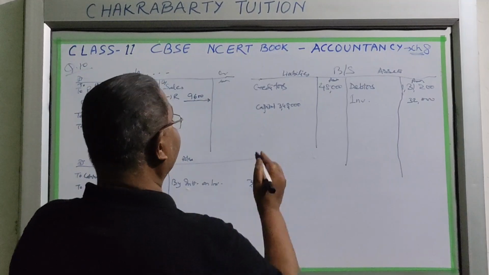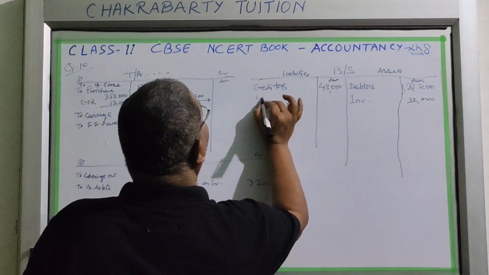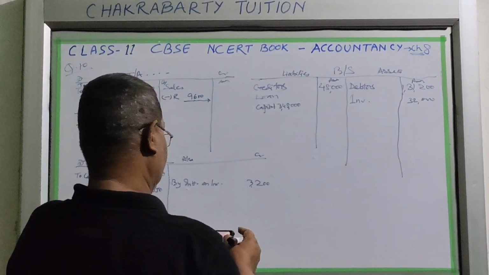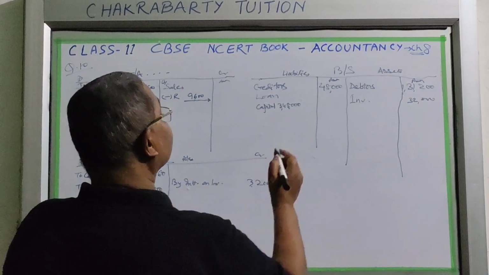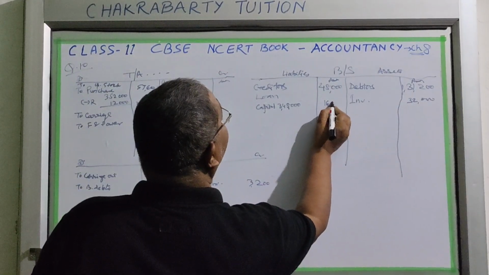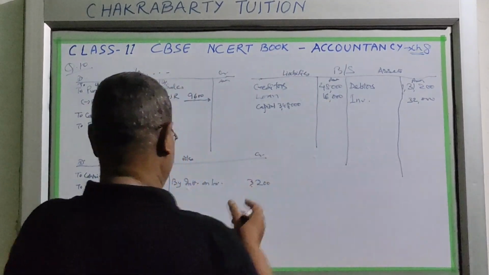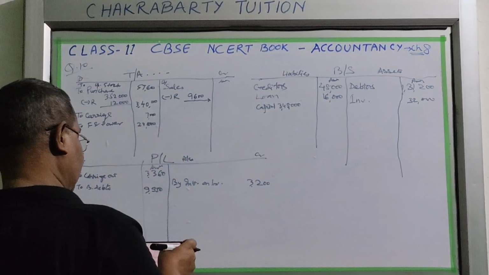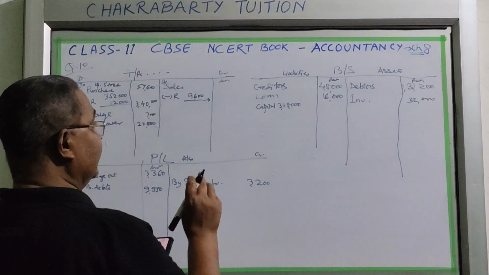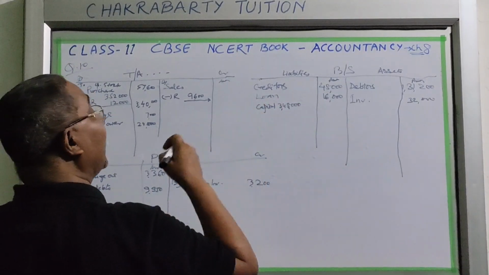Loan, if it is on the credit side, it will come here. So you will write here loan. Loan is 16,000. Credit item will come here, loan. You need not be confused by the item. You see the name of the item, you don't go by that. You see where the item is.